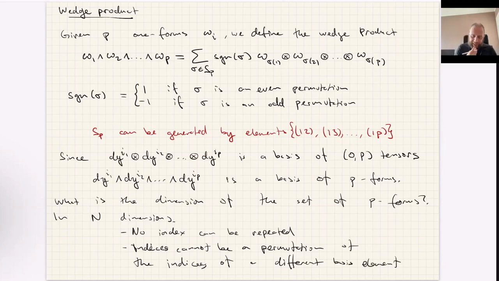What that means is that, for example, if I take dy1 wedge dy2, because of the alternating property, this would be minus dy2 wedge dy1. So when I write down the basis for, in this case, 2-forms, I only need one of them. I don't need that one, for example. I can just use the first one.